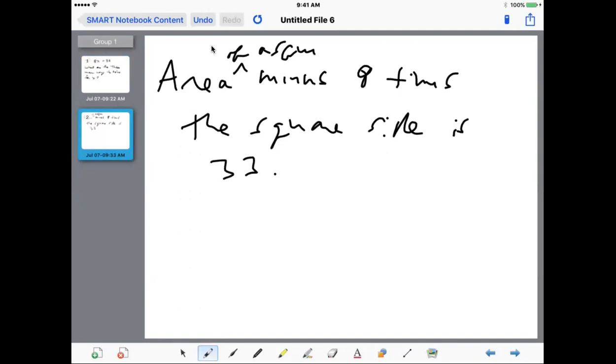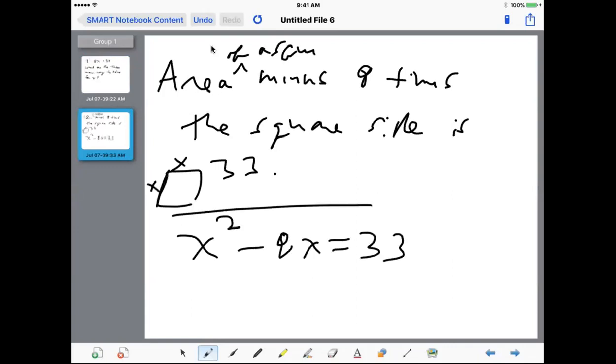So the area, if the square is x by x, then the area would be x squared. The square side would be x, so minus 8 times x. But that's still not a practical question. Math was originally invented as a way to do practical things with money and counting your livestock and how much land you have.